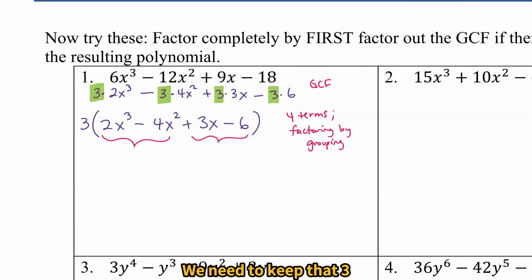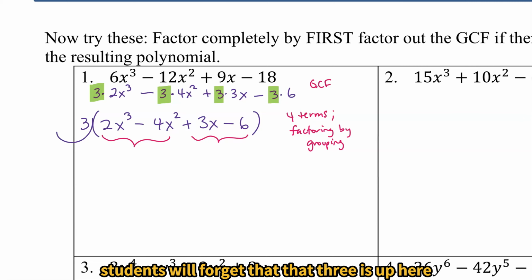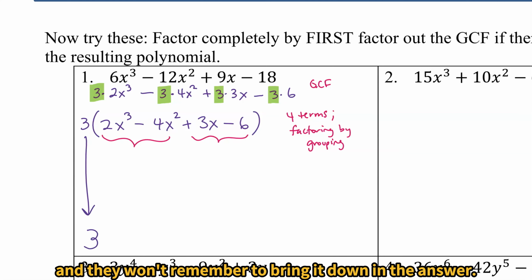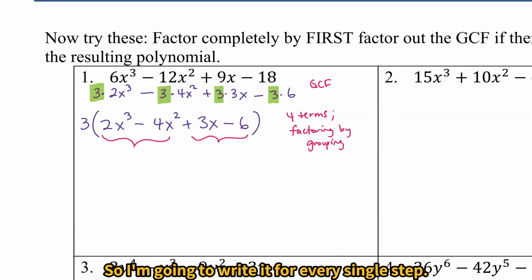We need to keep the greatest common factor of 3 outside the entire time and not forget it. A lot of times students will forget that the 3 is up here in the beginning, and they won't remember to bring it down in the answer. We want to make sure that we bring it down, so I'm going to write it for every single step.